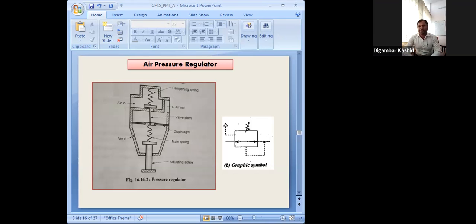We have to regulate the pressure of the incoming compressed air, and the compressed air leaving the compressor should be properly prepared before it goes into the circuit.